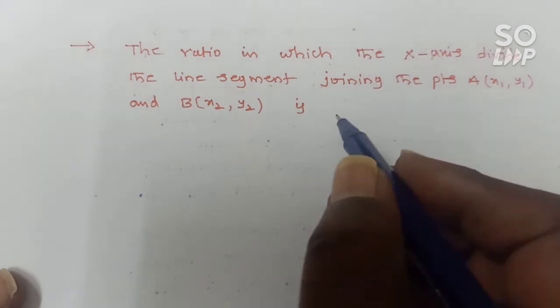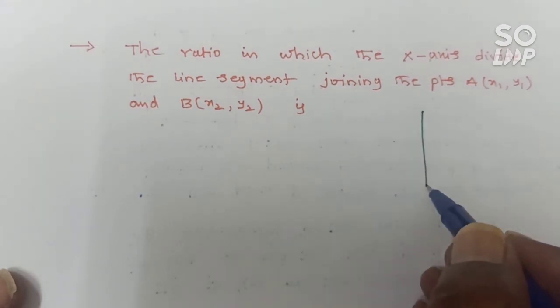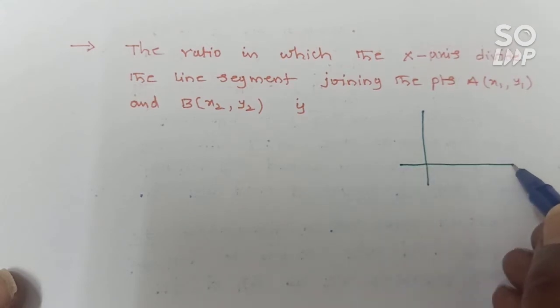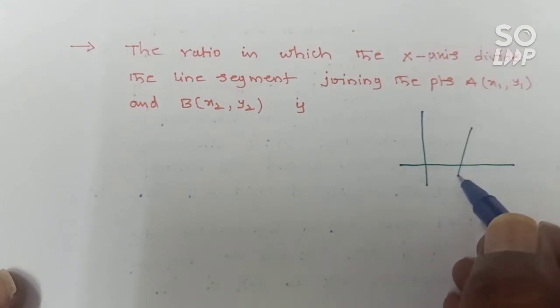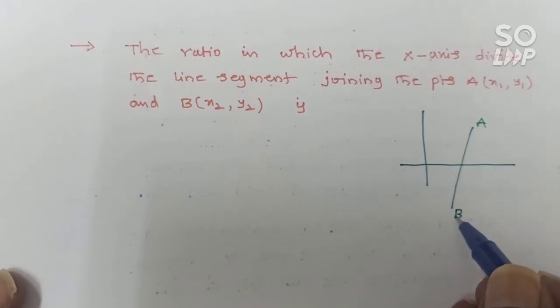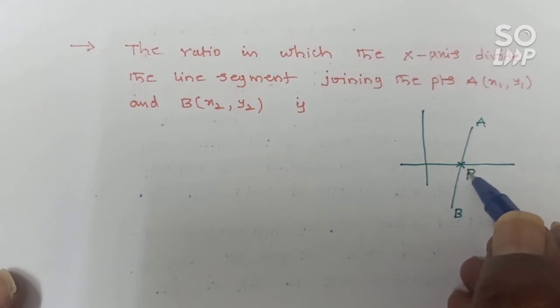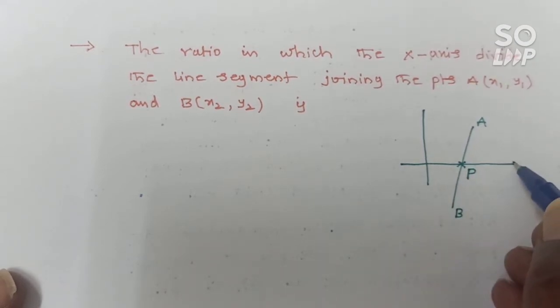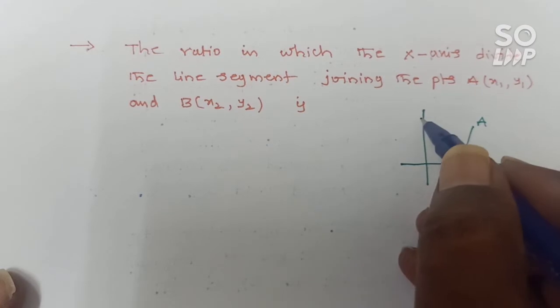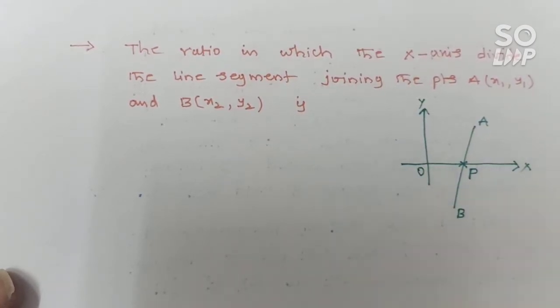That means, see, this one is the y-axis and this one is the x-axis. Here this is the line segment AB. So the point P lies on the x-axis.